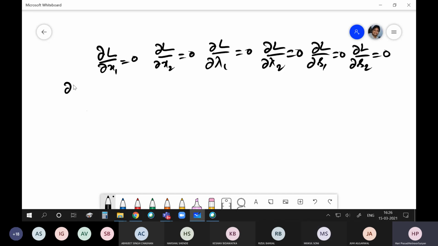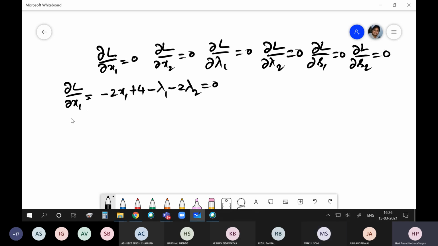What is dou L by dou x1 is equals to minus 2x1 plus 4 minus lambda 1 minus 2 lambda 2 is equals to 0.